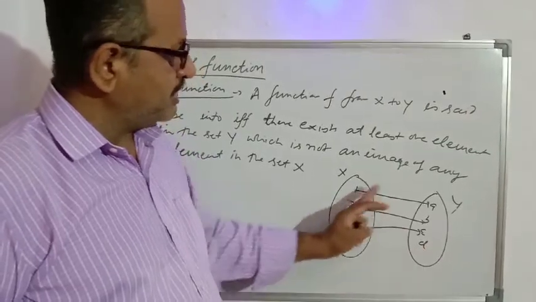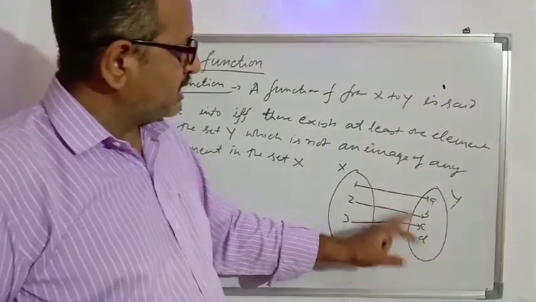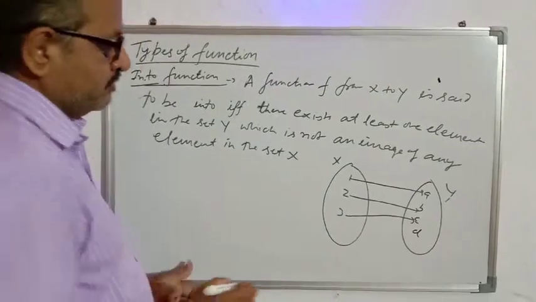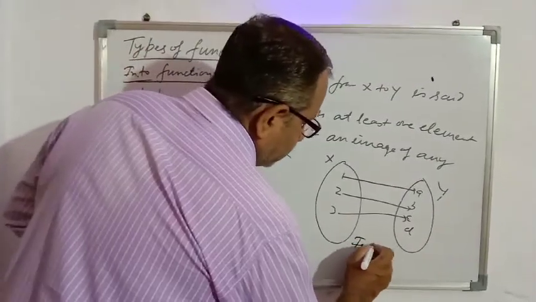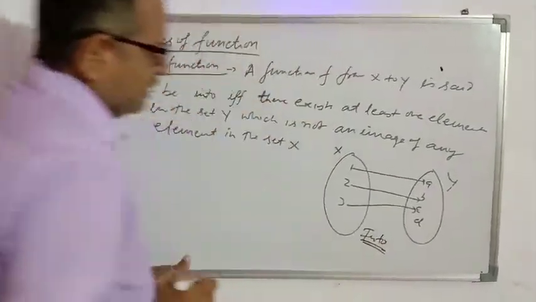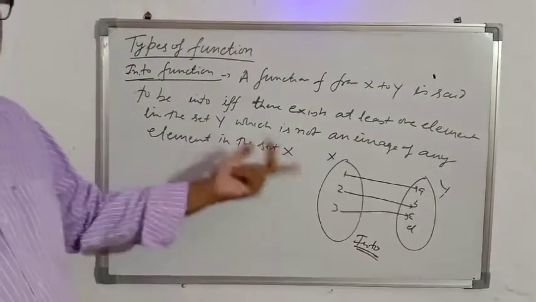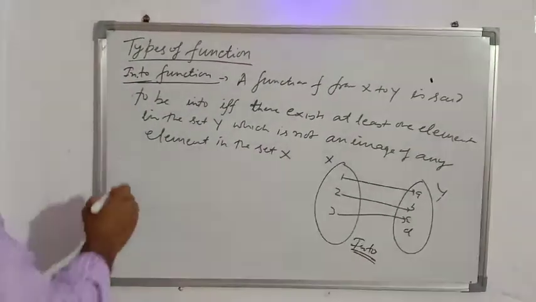D is not involved in this relation. So this type of relation is called into relation. It means what? A function which is not onto is into.